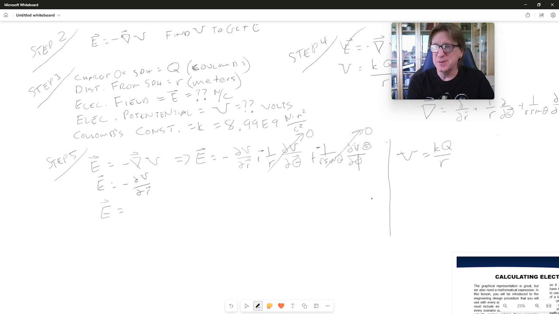By the way, writing with this pen on this whiteboard is a little difficult sometimes. So if ever you're not 100% sure what the particular letter is right there or whatever, just be sure to make a discussion post and I'll be glad to explain what that is. So I've got partial R of this expression, KQ. You need to be doing this along with me. Just watching it isn't going to help you.